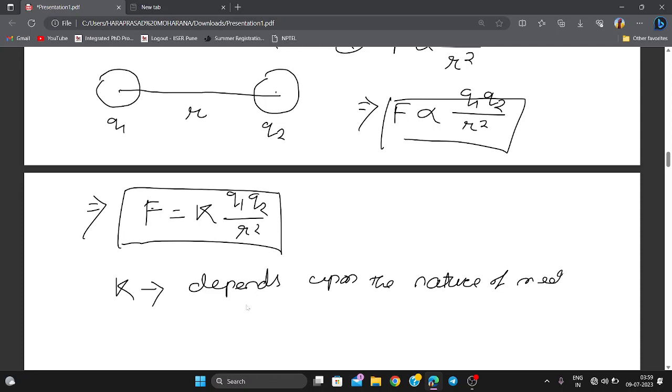It is called the dielectric constant or force constant, we can say, and we will see it later.